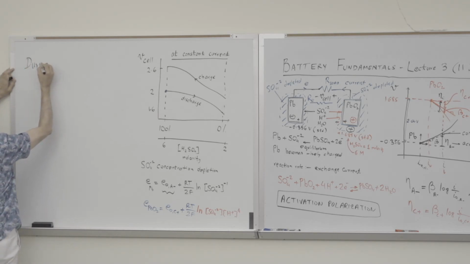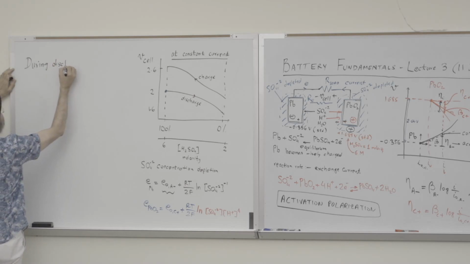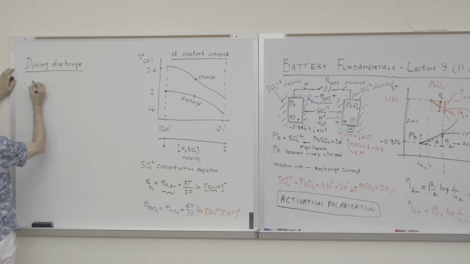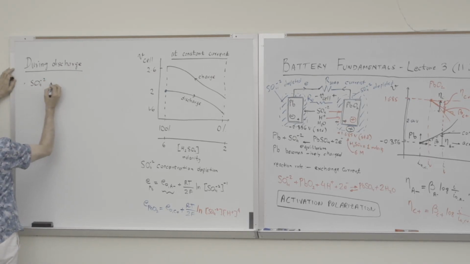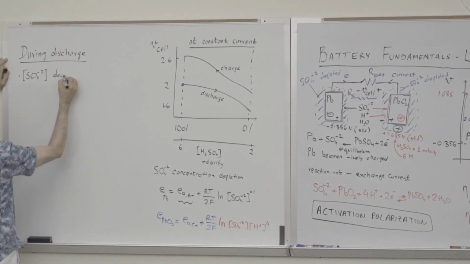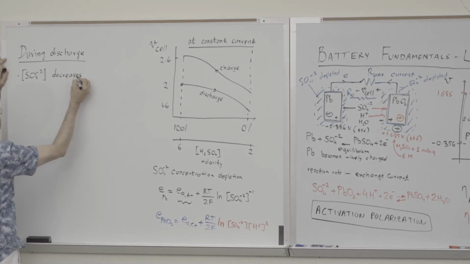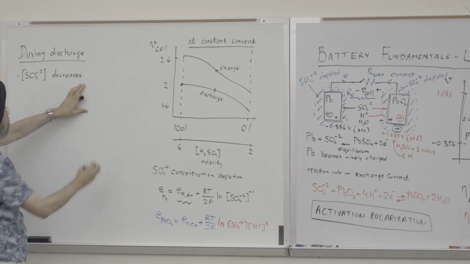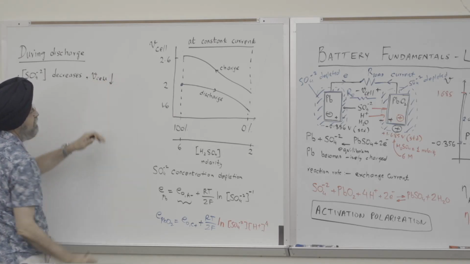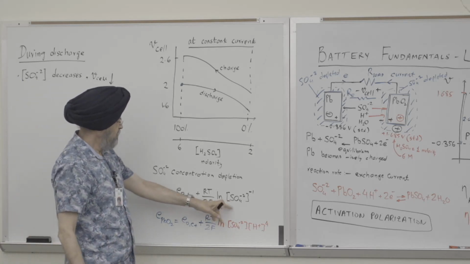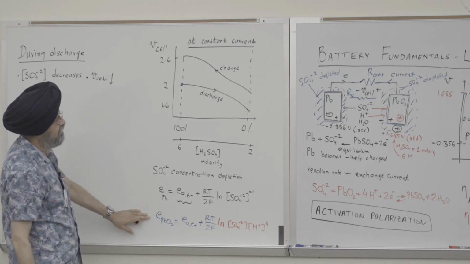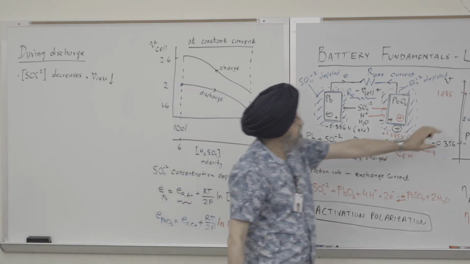During discharge, the SO4 minus 2 concentration decreases, right? So that's one reason the V cell goes down. Actually, no, the V cell should go up, right? For this one goes up, this one goes down, but the difference decreases.